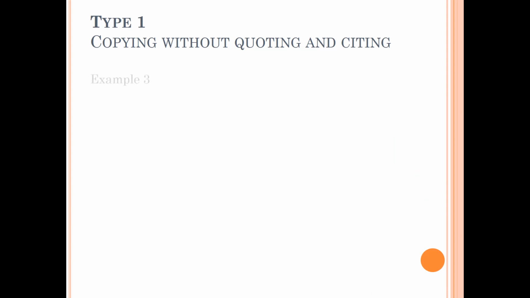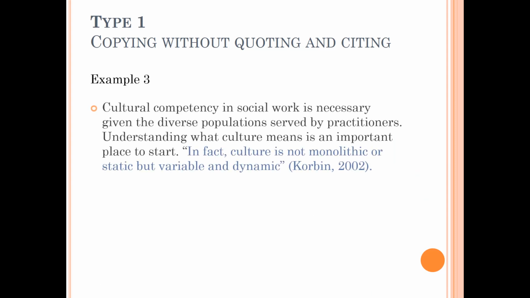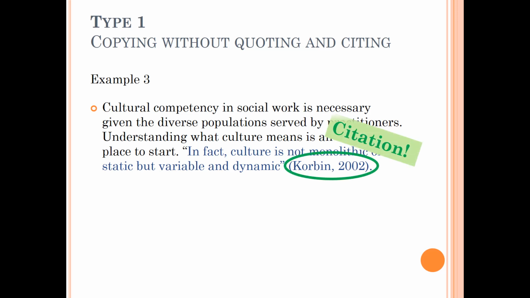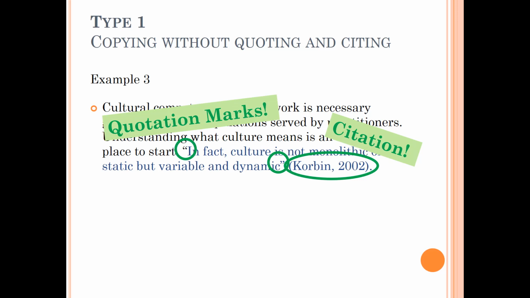Okay. Here's example 3. Now I've provided quotation marks, the author, and the year. Is this plagiarism? Yes, it is. Why? Because again, yay me for providing the citation, and this time I've actually managed to provide quotation marks.